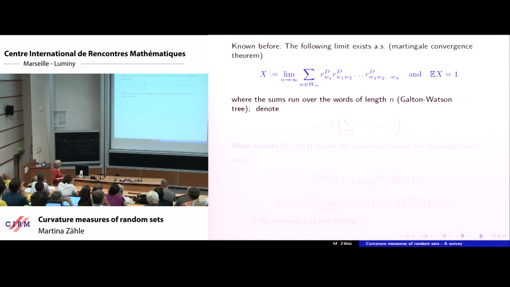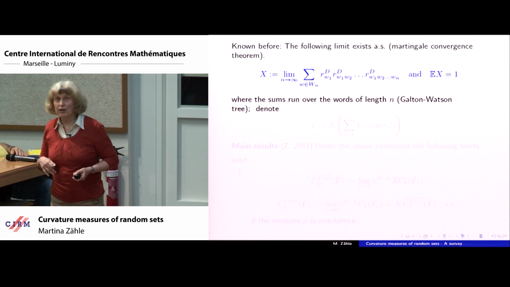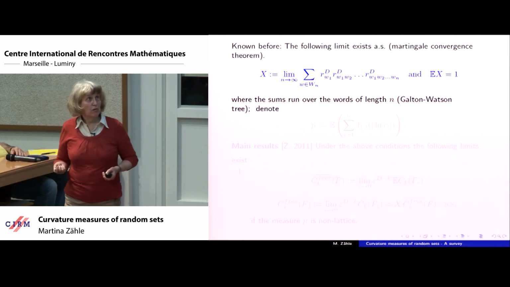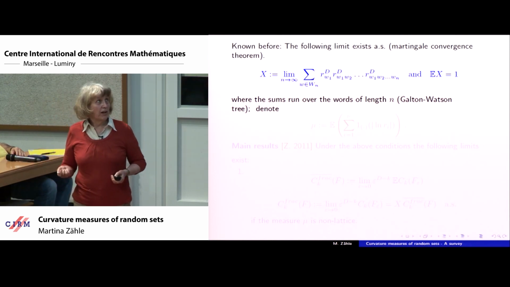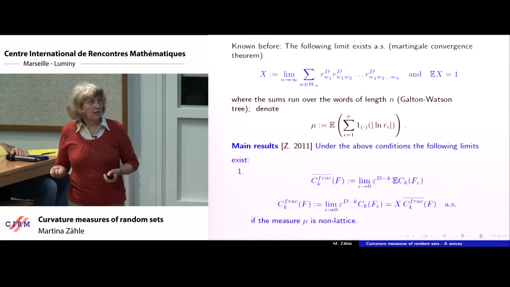And one knows there is an auxiliary random variable. This comes from Galton-Watson theory. Namely, one knows from the martingale convergence theorem that such a limit of sums of these products of contraction ratios exists with probability 1, and this random variable has expectation 1. And then one considers an auxiliary measure.